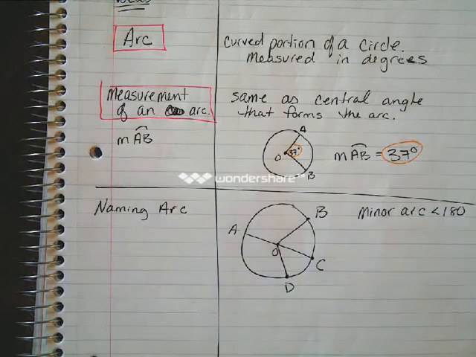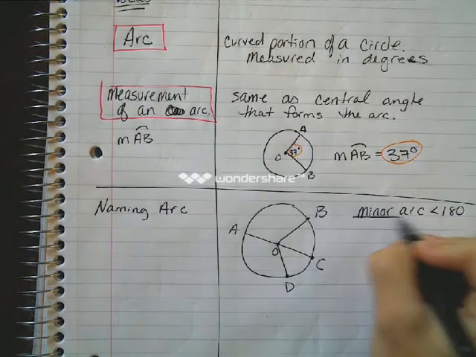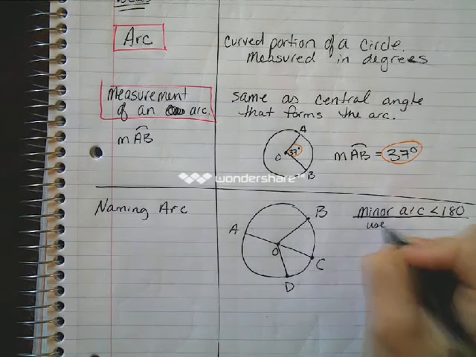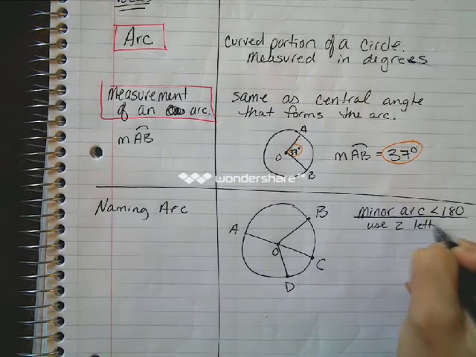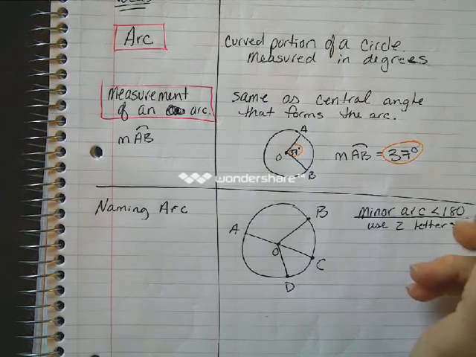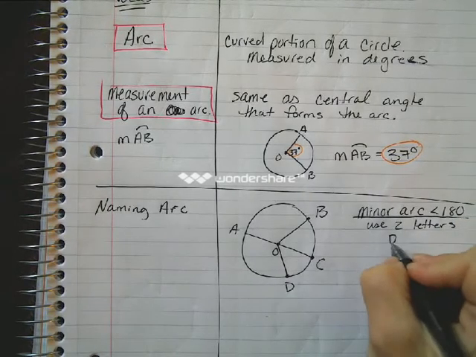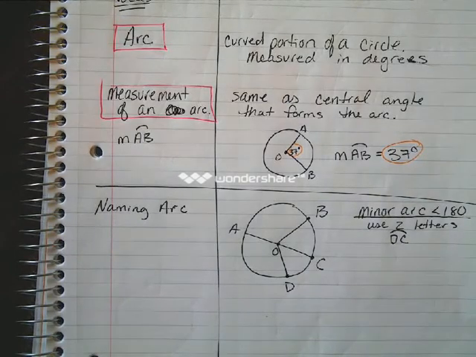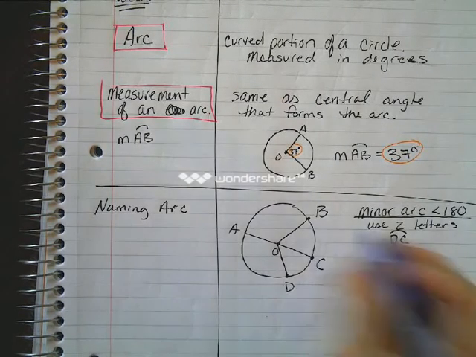You use two letters. So for instance, DC with an arc over the top would be this arc right there, because it's a minor arc. It's less than 180 degrees.